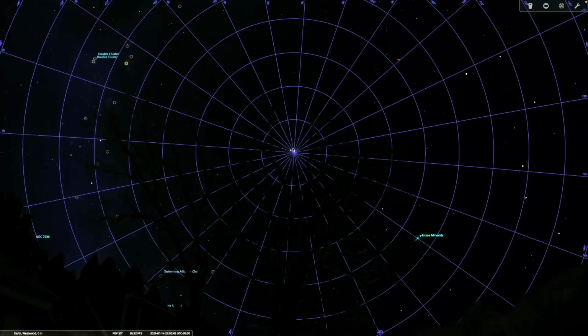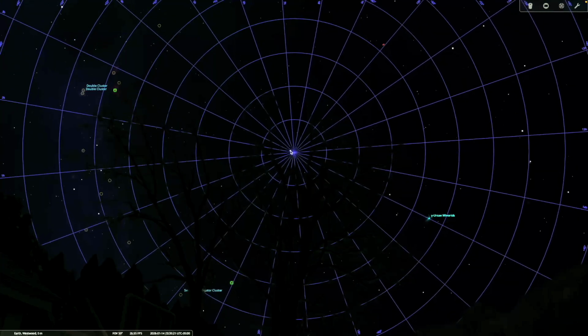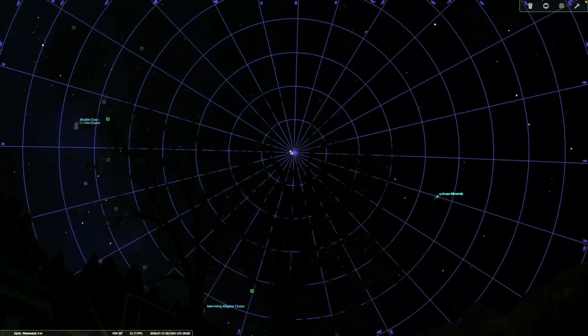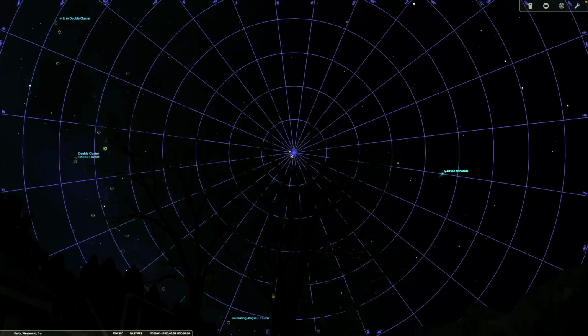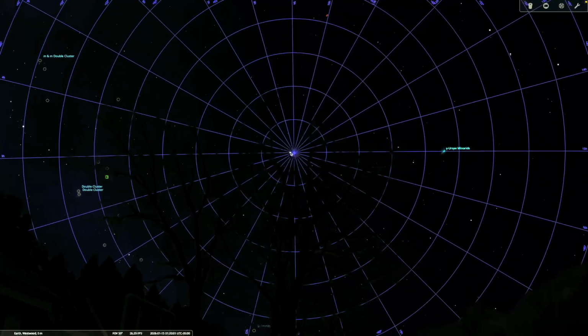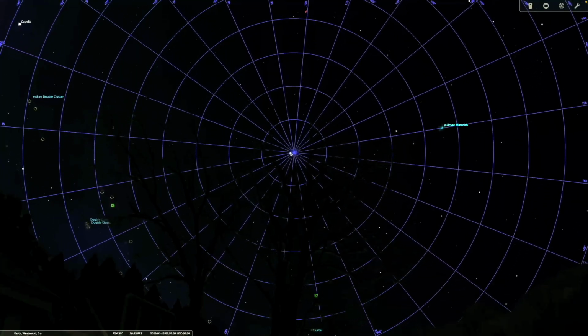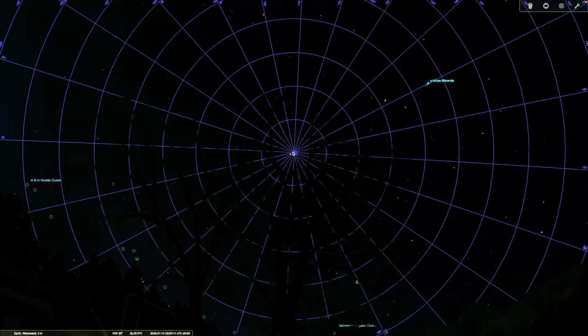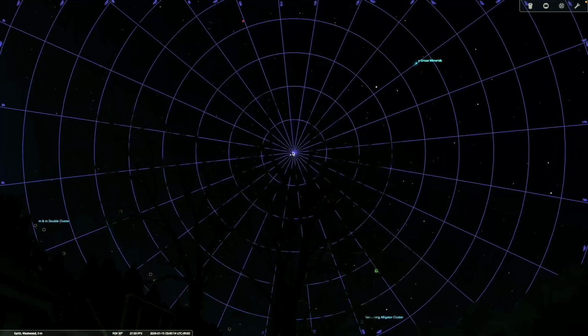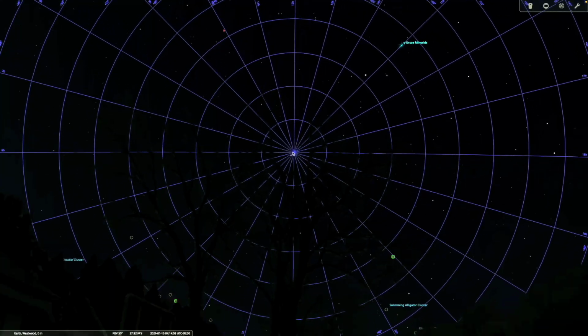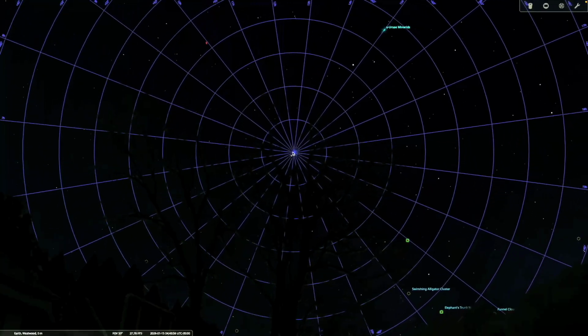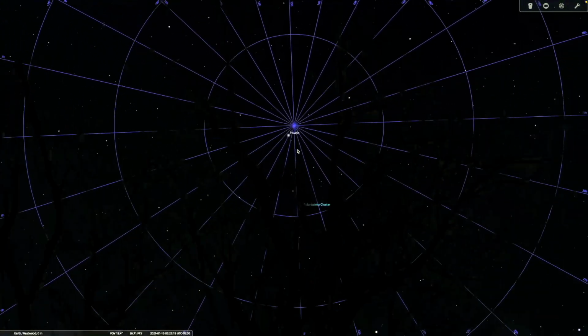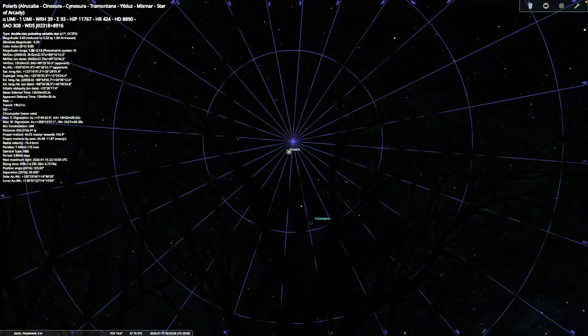And if you watch carefully, there's a star right here that's very close to the center and barely moves at all. That's the area where the North Celestial Pole is located. And conveniently for us Northern Hemisphere observers, there happens to be a relatively bright star very close to this point, and we know what star this is. This is Polaris.